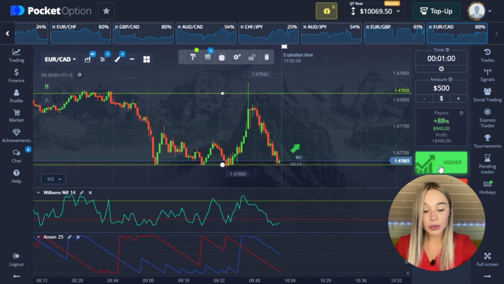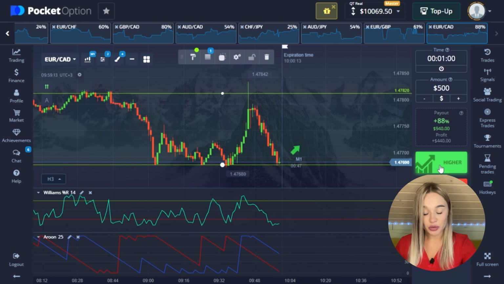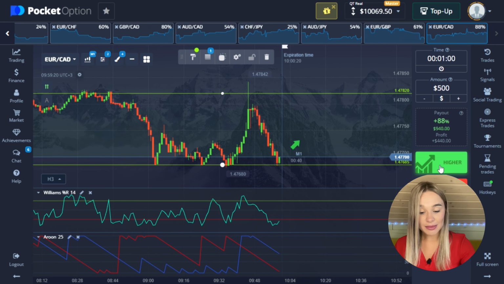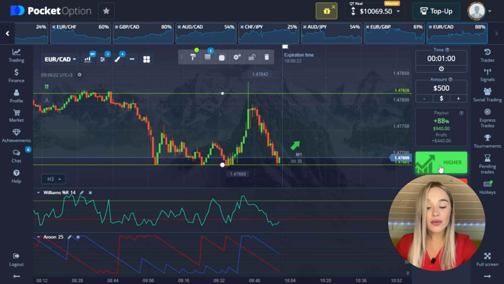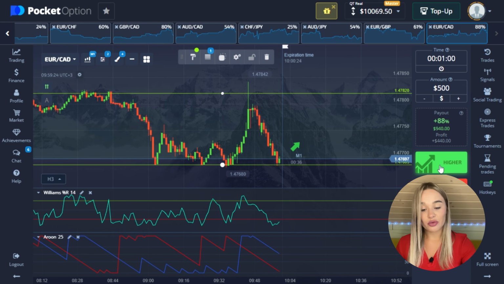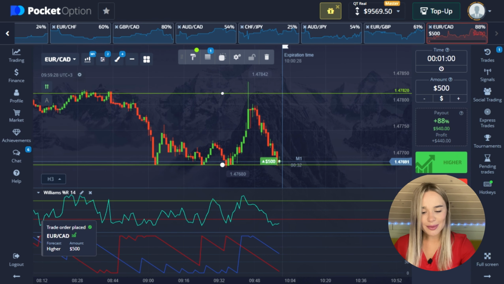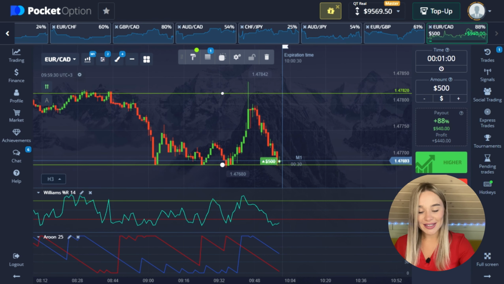With Aroon, the blue line is all about bullish trend strength, and the red one is about the bearish trend. Right now, as you can see guys, blue is the boss here. At the same time, Williams is stepping out of the oversold zone, and the chart itself is raring to bounce off that resistance line. So all signs are pointing to me opening a deal for a rise.